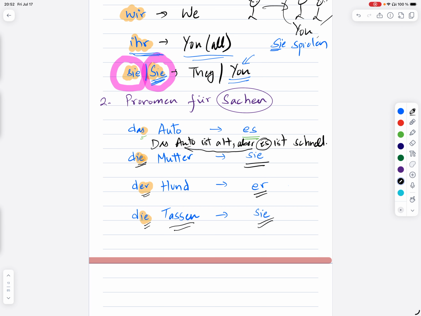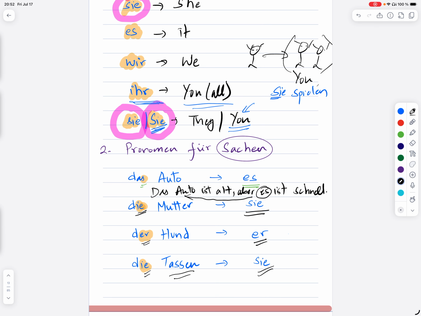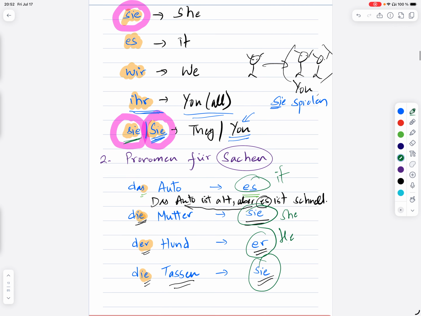Here it depends upon the gender associated with the noun, and according to the gender we will have the corresponding personal pronoun, equivalent to he, she, it. And here the equivalents are er for he, sie for she, and es for it. And for plural we will also have sie, as I told you before.